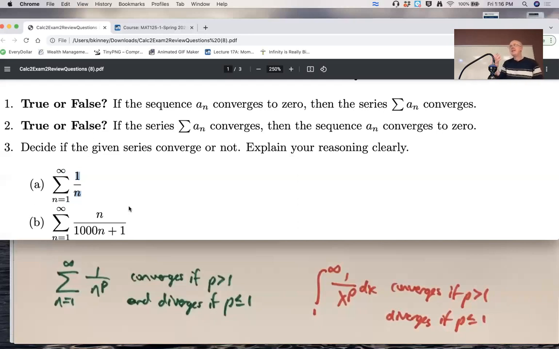And the only way the SNs are going to have a chance of converging is if the ANs go to 0. But just because the ANs go to 0 doesn't mean the SNs converge. The partial sums of the harmonic series as a sequence diverges. And that is what it means to say the harmonic series itself diverges. Right? That's the definition of what it means for a series to converge or diverge. You got to look at the sequence of partial sums.